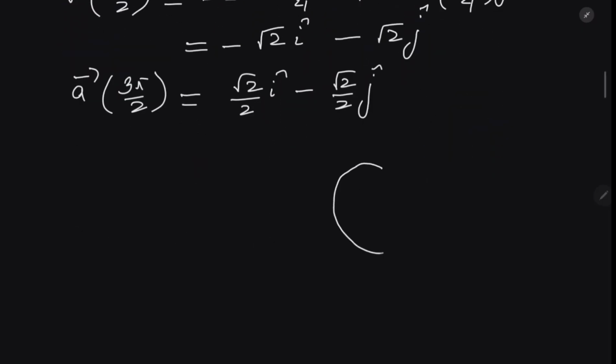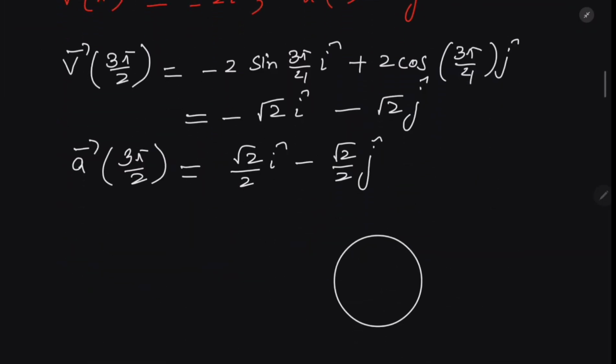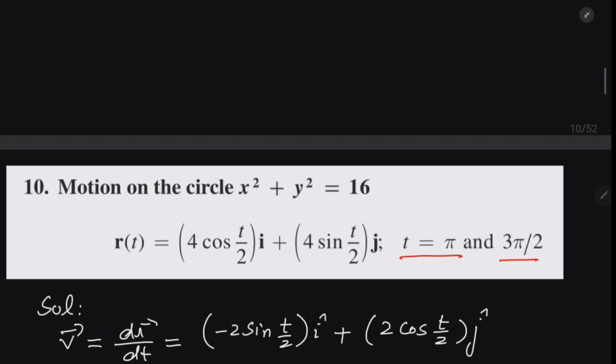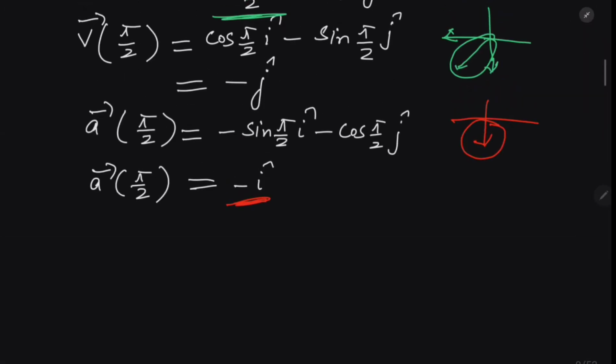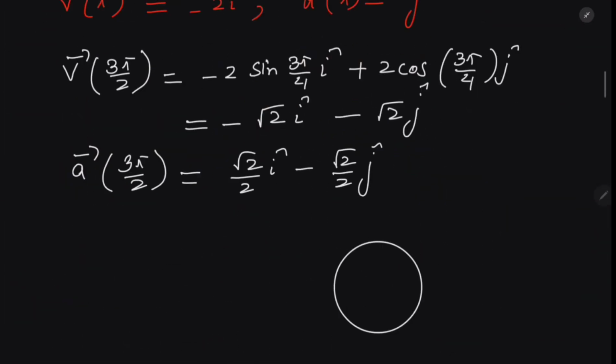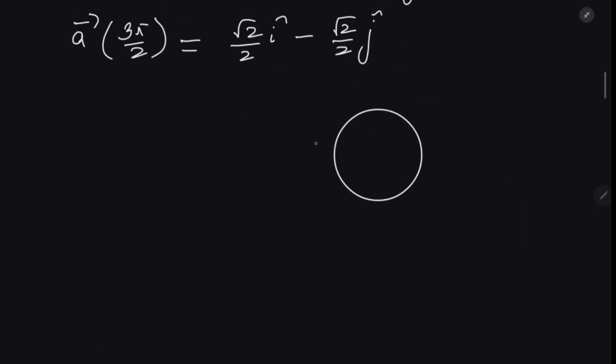The next step is to display this on the graph, which is a circle, and the orientation is anti-clockwise, since there is cos in i. In the previous question, the first component was sine, but now it is cos. So you can put the values from 0, pi by 2, and so on.